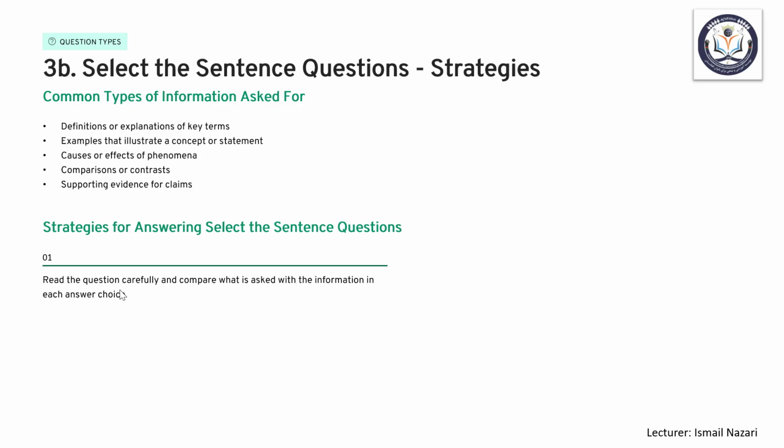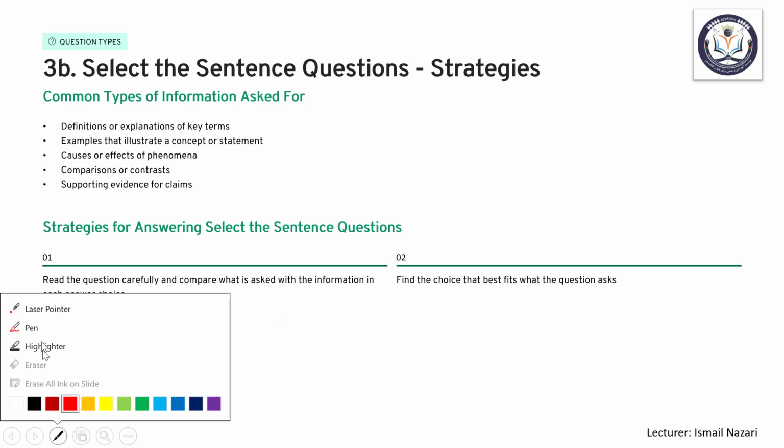So we'll do that. Read the question, then go to the sentences inside the paragraph and compare them, which one best describes the point. Second, after comparing, we need to find the choice that best fits what the question is exactly asking.